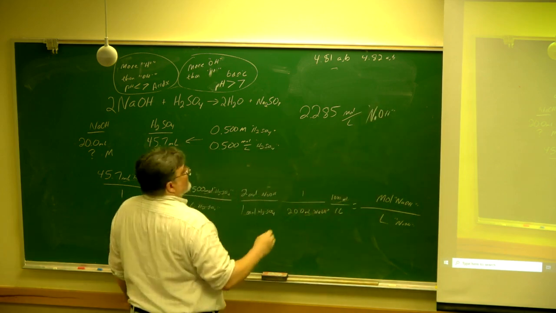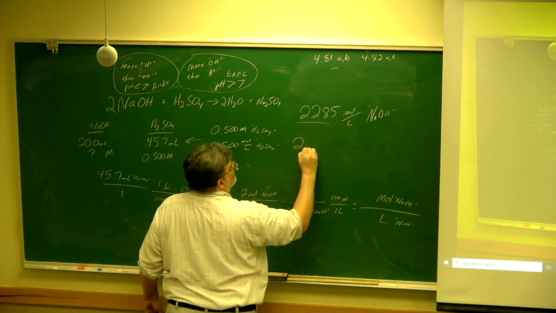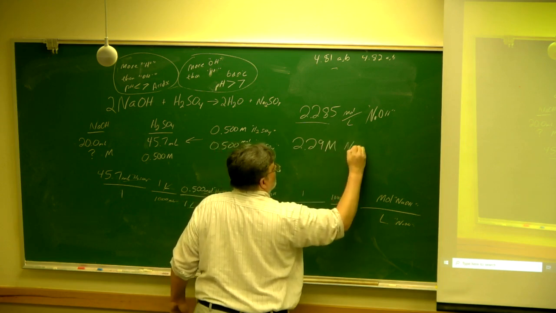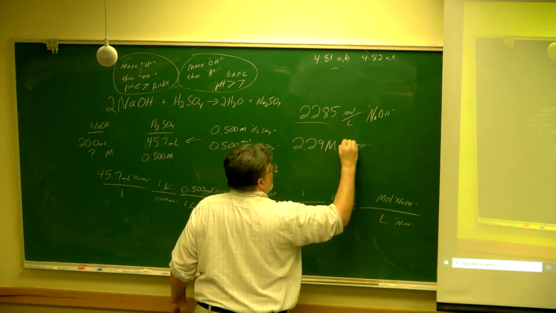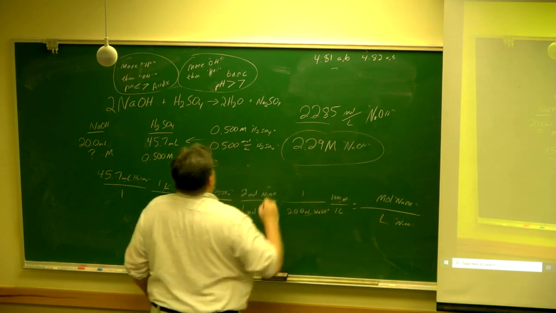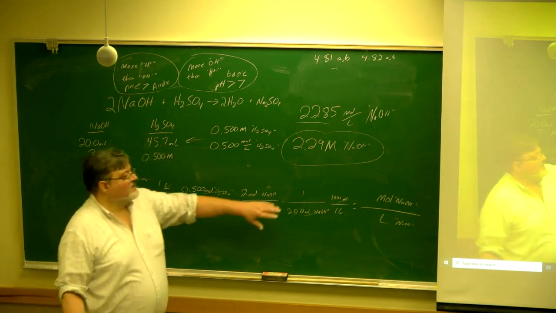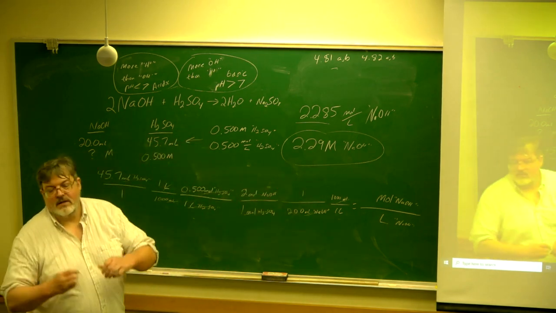But it's got to be three significant figures, so it's really 2.29 M. So by doing that titration and using a known concentration of an acid, they can find the concentration of that base.